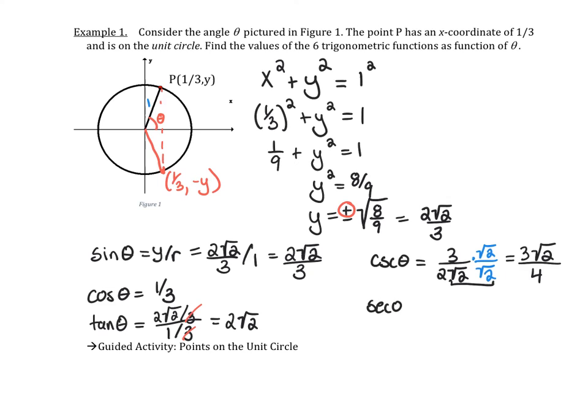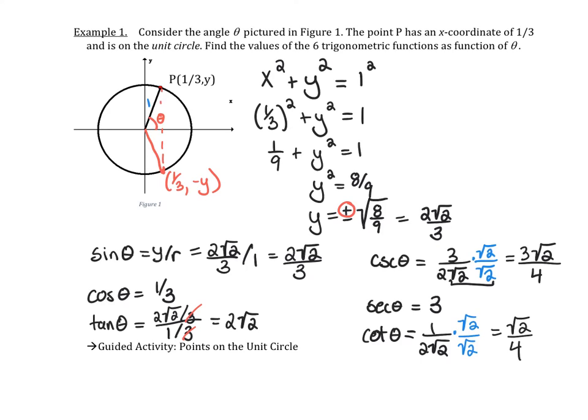The secant of theta is the reciprocal of cosine, so that would just be 3. And the cotangent of theta would be 1 over 2 root 2. So again, we rationalize, and we end up with root 2 over 4.